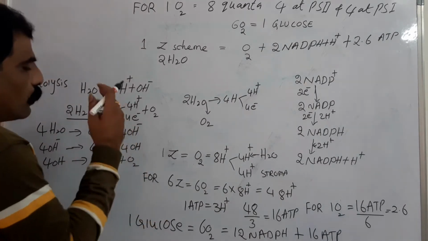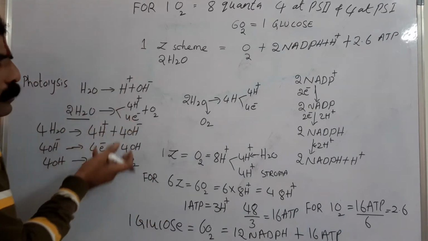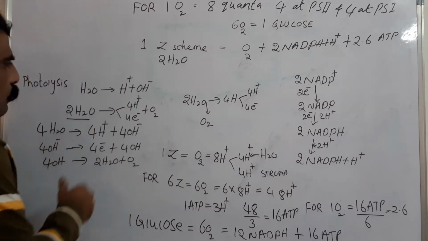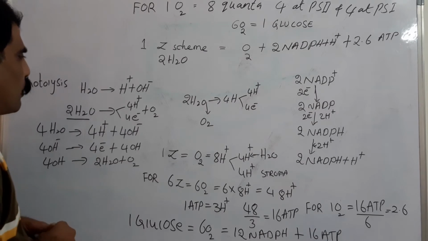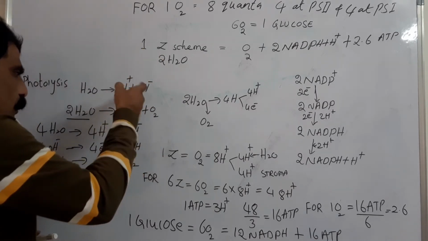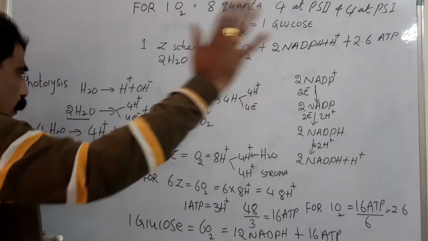Each hydrogen consists of 1 electron, 1 proton. So 4H consists of 4 protons, 4 electrons, and 1 oxygen is evolved. So 2H2O undergoes water photolysis resulting in the formation of oxygen and 4 electrons, 4 protons, which will be used for the reduction of the NADP into NADPH plus H plus.